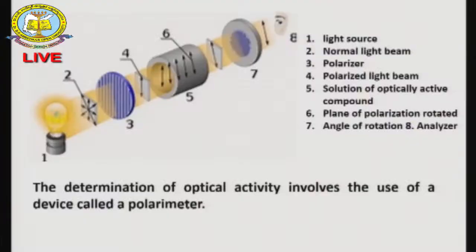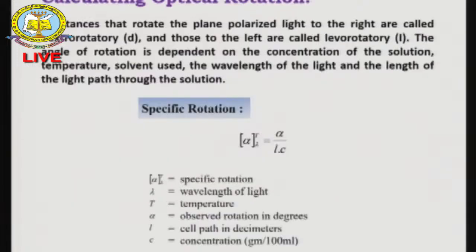Generally your PPL is a unidirectional light, arranged at the maximum degree of rotation. Then we fill the sample in the polarimeter and see from which direction the compound rotates the light. If it rotates the light to the left side, we call it levorotatory, and we show it with a minus symbol.